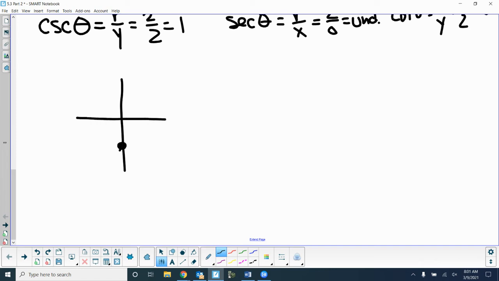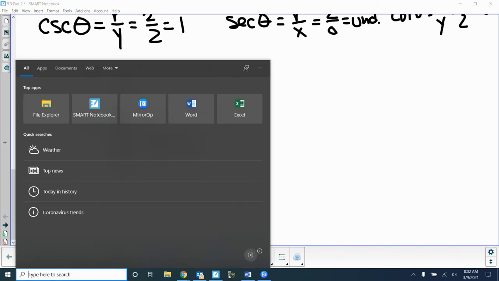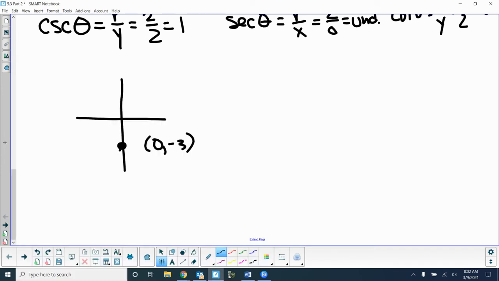My x value is 0 and my y value can be whatever I want. You can pick any number down here. So, Matt, pick me a number down there. -3. Okay. So I know my x and my y. Remember, r is always positive, so my r is 3.